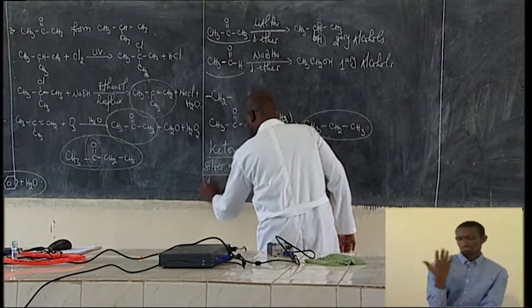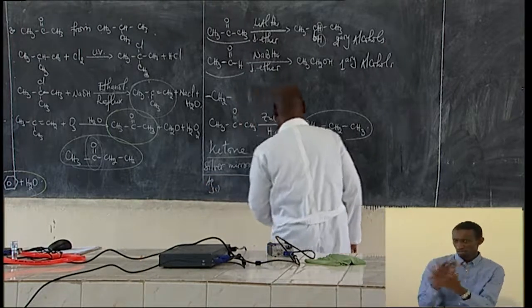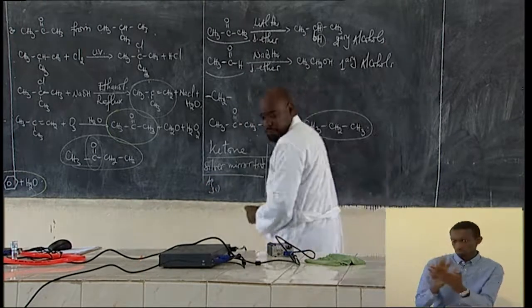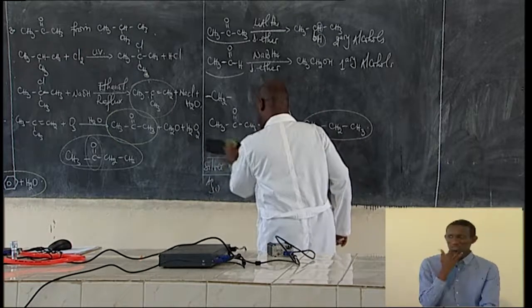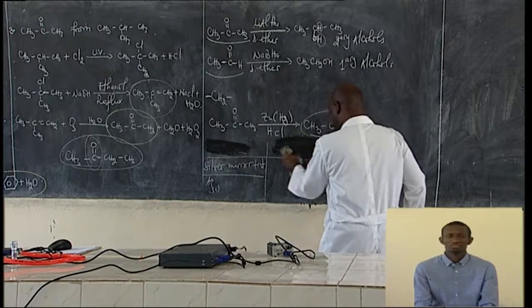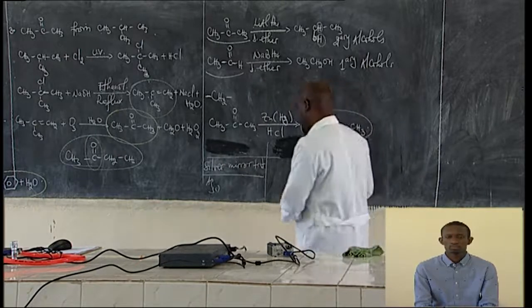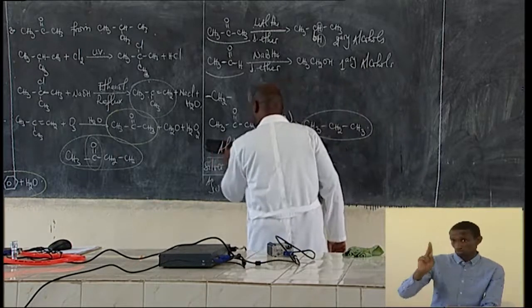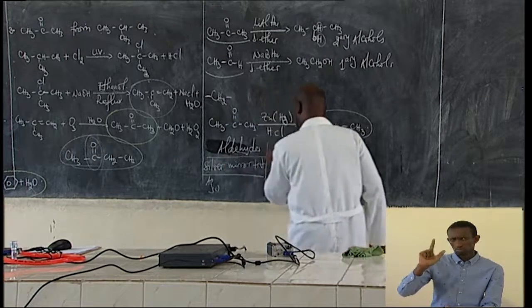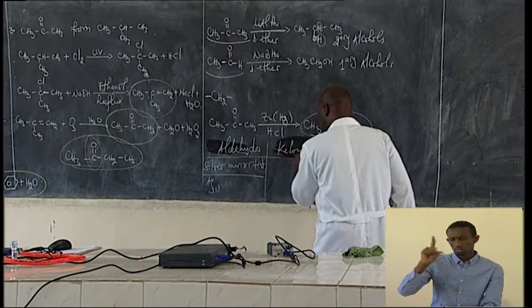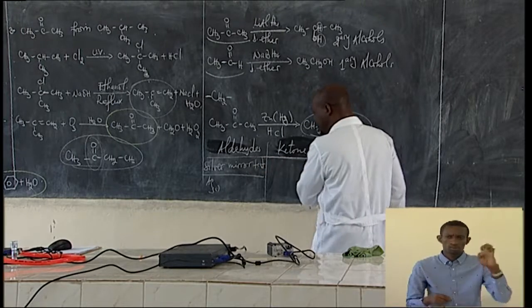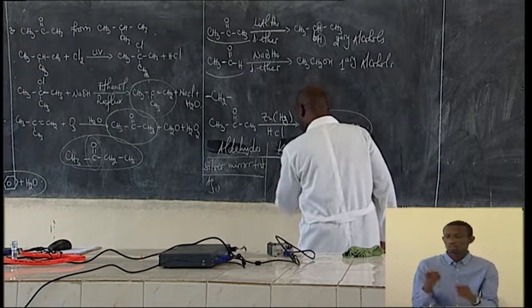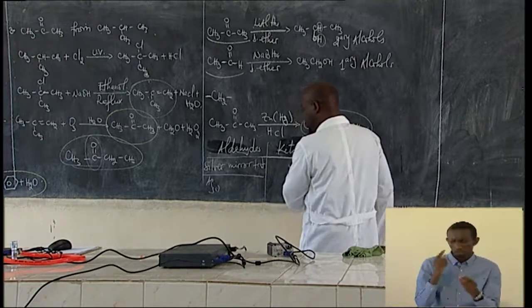You get a silver deposit. We use Tollens reagent. This happens for the aldehydes. And for the ketones, there is no observable change, because we said ketones are not easily oxidized. So here there is no oxidation.